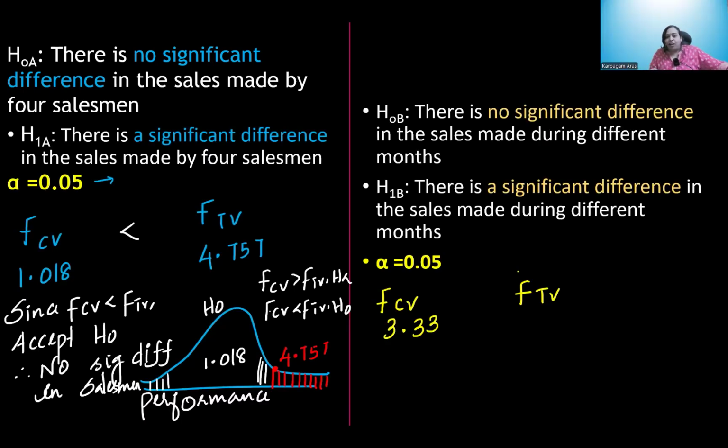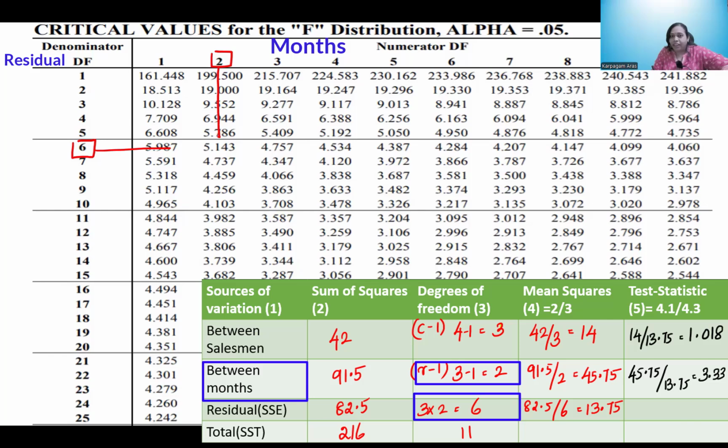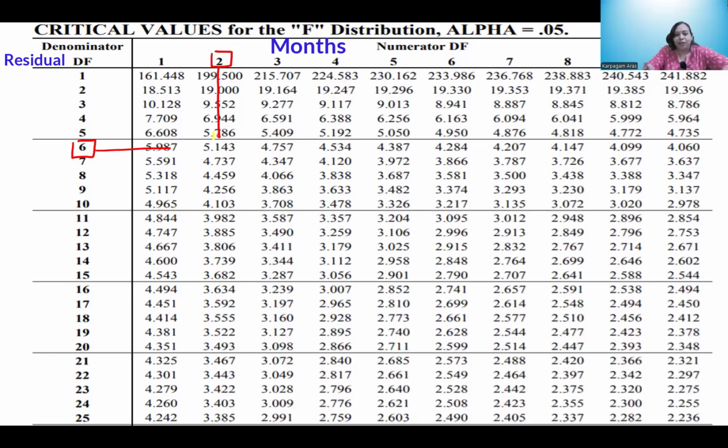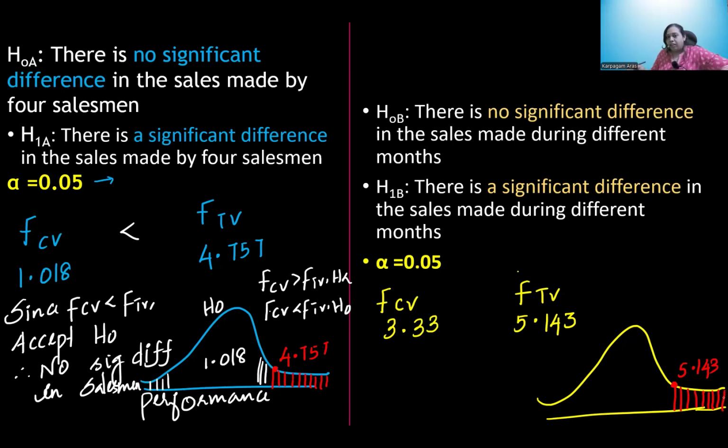Let's find the F table value for the months. The degrees of freedom for the months is 2 and the residual is 6. The intersection value is our F table value, which is 5.143. So the F table value is 5.143, which means if the calculated value falls in the critical region or after it, we will accept H alpha; otherwise we will accept H naught.